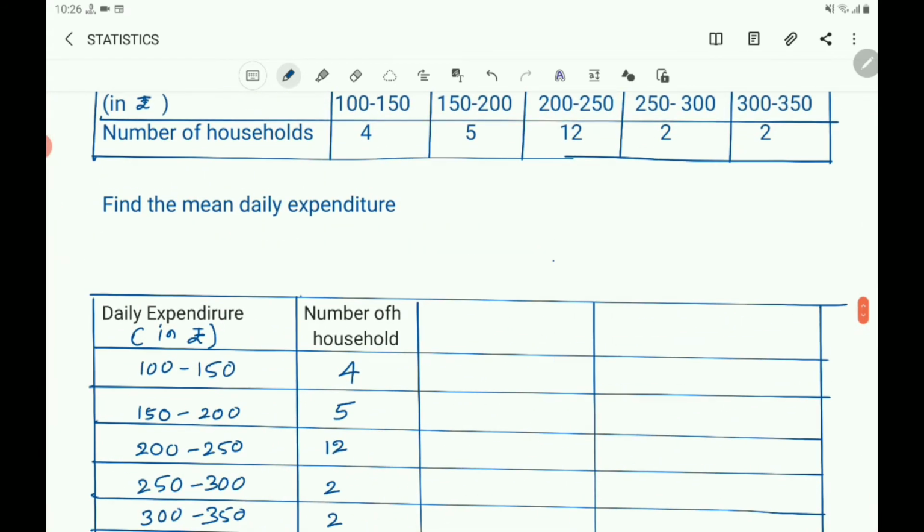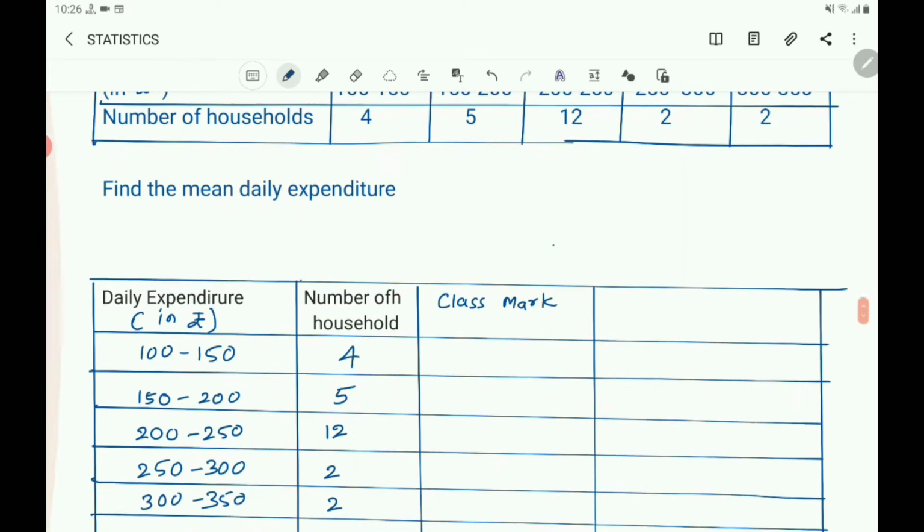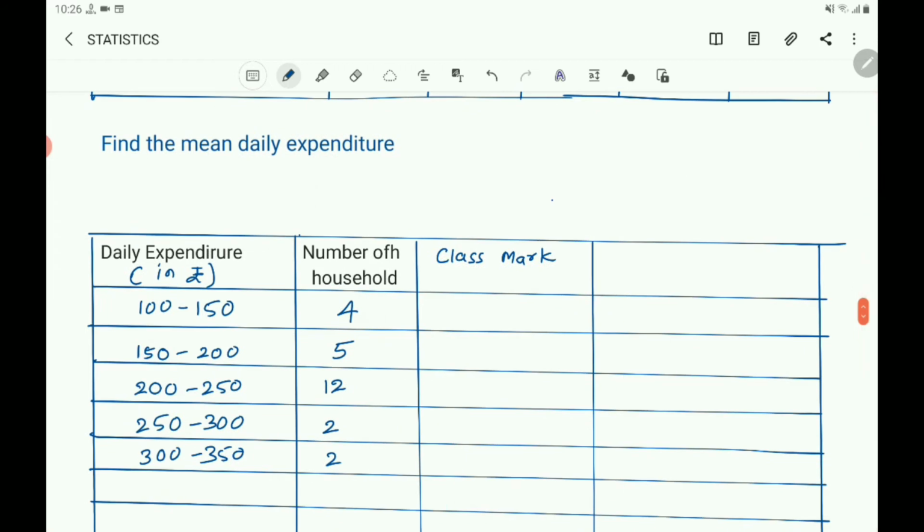Now let us take the third column, that is class mark. Class mark, which is the midpoint of the class. You know the method of finding the class mark, that is upper limit plus lower limit divided by 2.